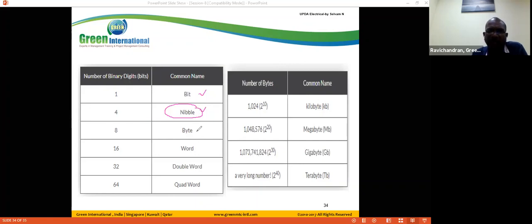You are familiar with byte, word, double word, but we are not familiar with the nibble. So 4 binary bits is equal to a nibble. And here we have the higher terms: kilo, mega, giga, and tera, 2 to the power of 40. 2 to the power 30 is a gigabyte, 2 to the power 20 is a megabyte, 2 to the power 10 is a kilobyte.